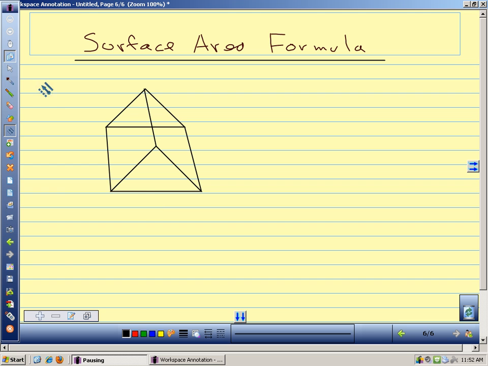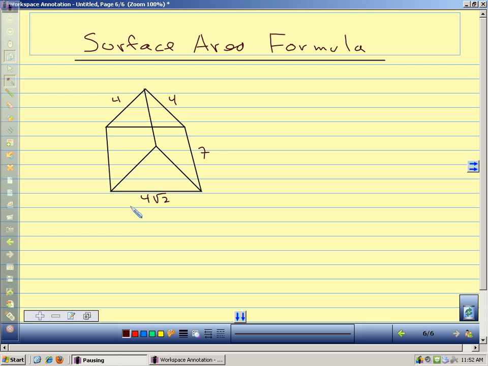So our tent shape again, right? And we're going to say that this side is 4, this side is 4, this side is 4 square root 2, and this length is 7. So our height is 7. The sides of our triangle are 4, 4, and 4 square root 2.